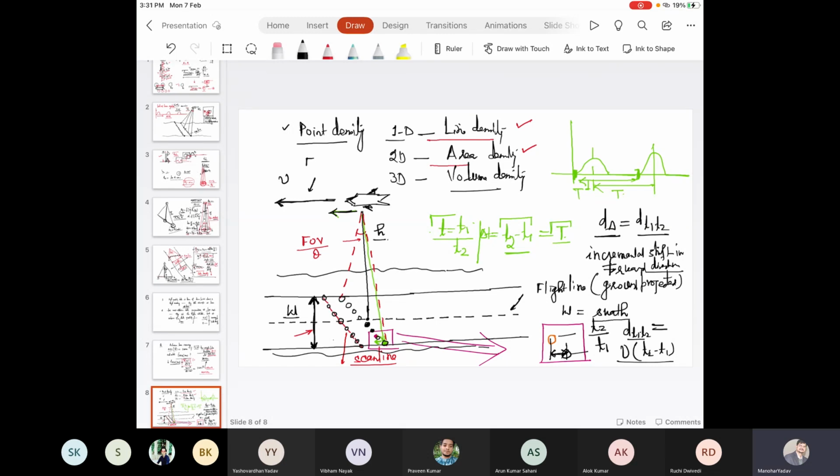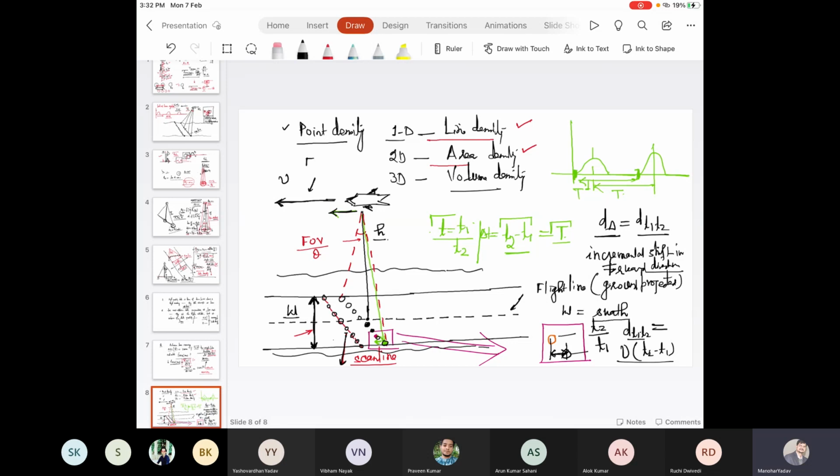But for our calculation, as I told you, our objective is to calculate the point density, and we start with calculating the line density. Why do we start with the line density? See, the reason is that there is a symmetry of point distribution along the line in two directions. If you analyze how the laser footprints are hitting the ground, one symmetry you can see is the scan line.